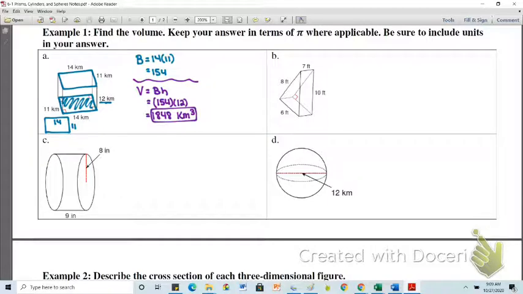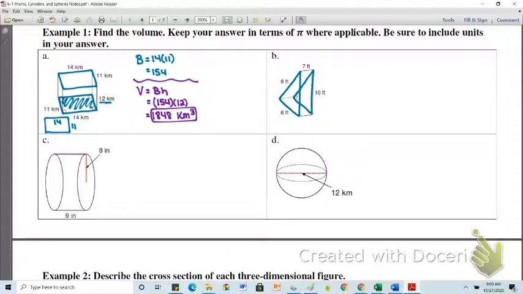Okay, let's take a look at B. Now we have a triangular prism. So my base is a triangle. Again, I am going to go ahead and trace over it so I know where my base is.